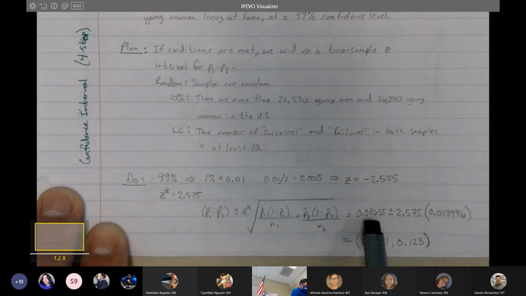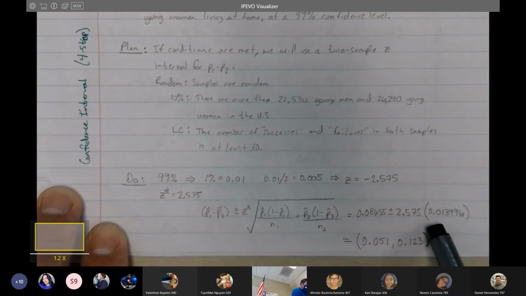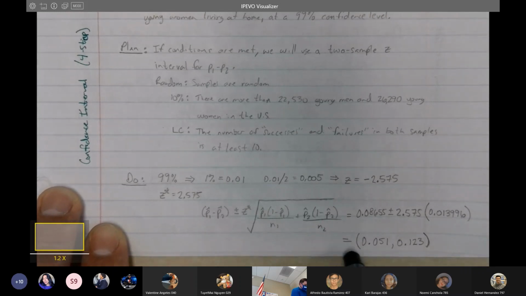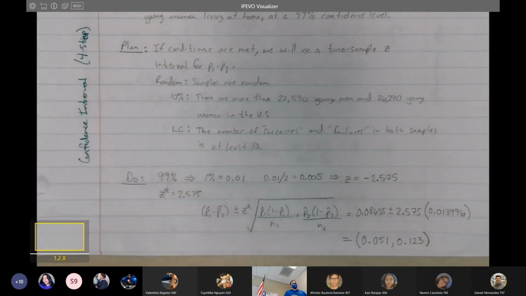That gives us 0.08655 plus or minus 2.575 times 0.013996. Obviously, there's a little bit of rounding going on in what I've written here, and that's okay. That gives us the interval 0.051, 0.123. So the interval is from 0.051 to 0.123.